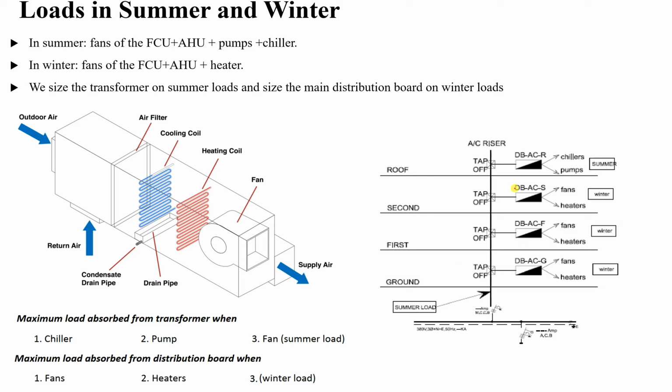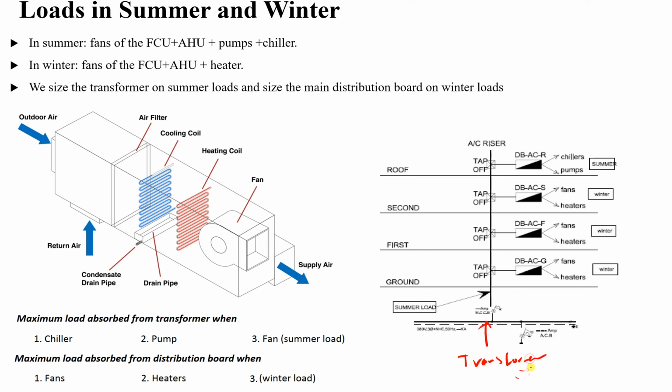You can see distribution board, AC, air conditioning, G, ground floor, distribution board, AC, air conditioning, F, first, second, roof, etc. Now all of these panels take from one or several bus bars that are connected to our electrical transformer. So all of this takes its power from the transformer.